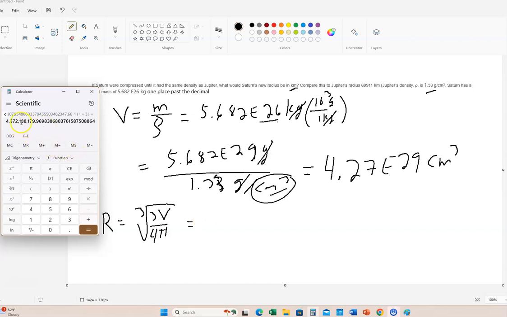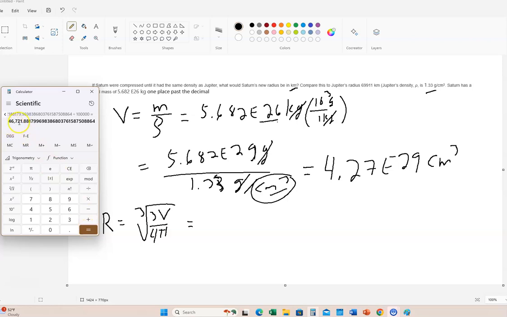So all I have to do is divide this number by 1 times 10 to the fifth, and this will be the answer in kilometers, because there's 10 to the fifth centimeters in 1 kilometer.